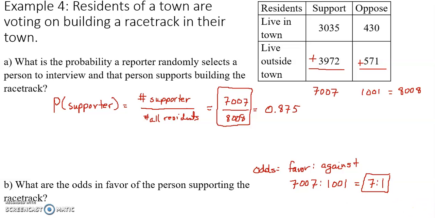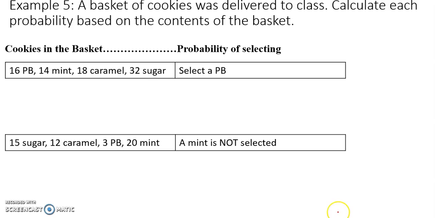And then our final example, we're looking at cookies in a basket, and this is just real good practice in calculating these probabilities. So on our first one, we want what is the probability that we select a peanut butter. That will be the number of peanut butter, which is 16, divided by the total.